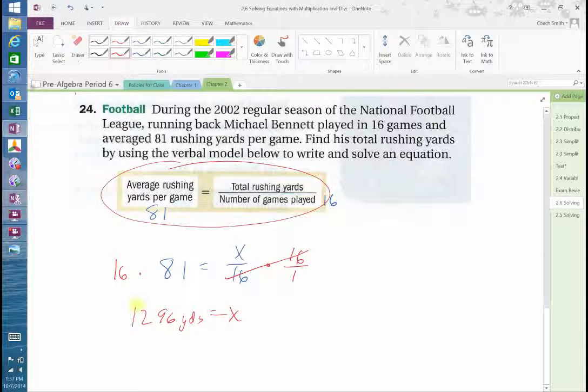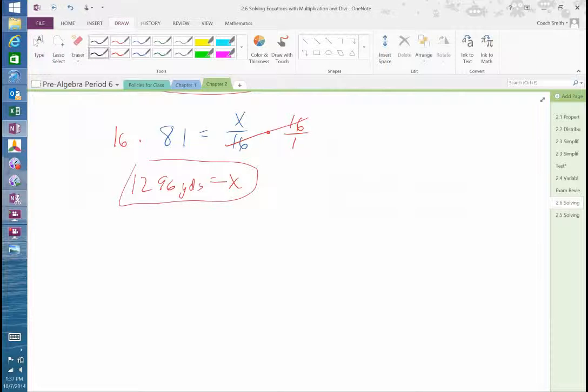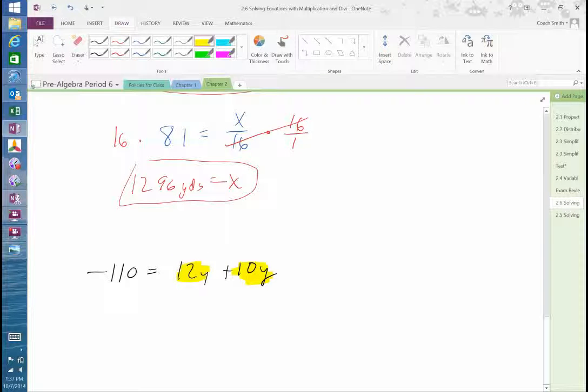All right, let's look at the last type of problem. It's not really any more difficult than what we're doing. It just has an extra step. Negative 110 equals 12y plus 10y. Are 12y and 10y like terms? Yes, so we can put them together.